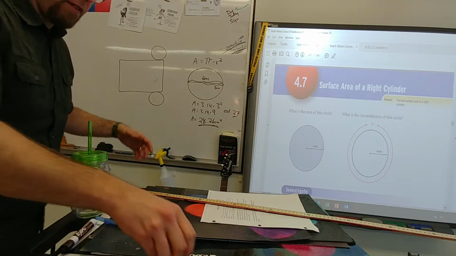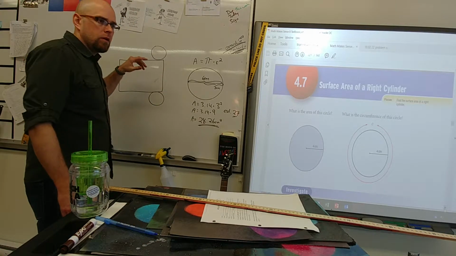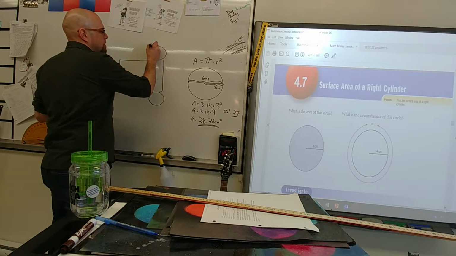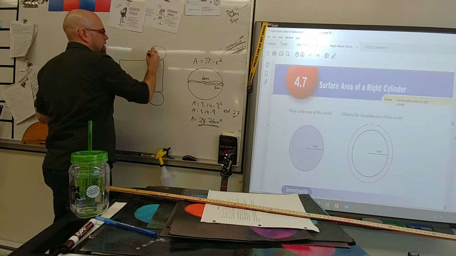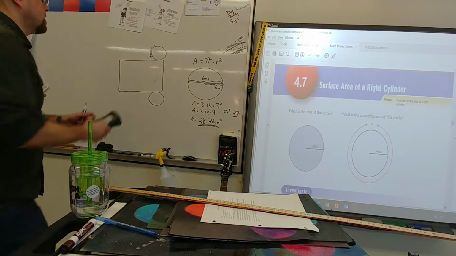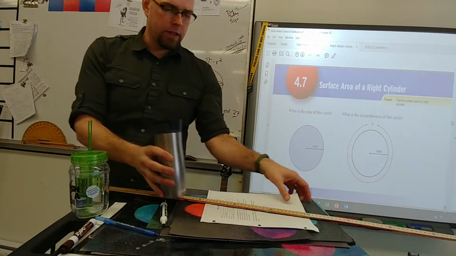Now, without having to actually use a piece of paper and go all the way around, we could do it without. If I roll this circle around, it rolls all the way, it will do one full revolution. What that means is that the distance around the cup is the circumference of the circle on the top of the cup.